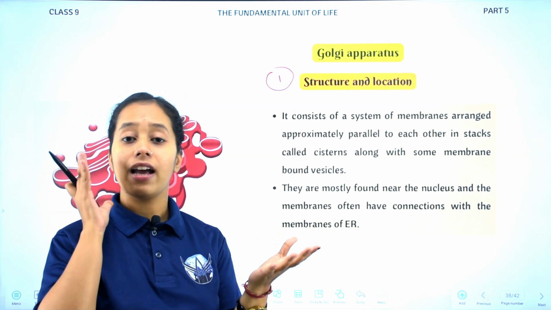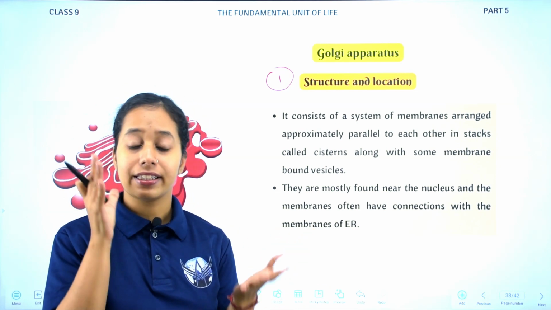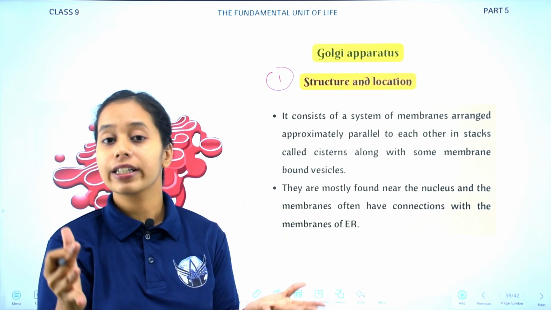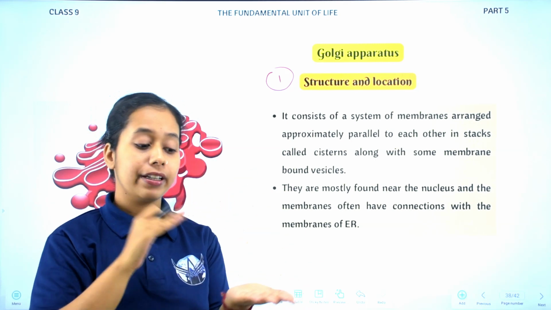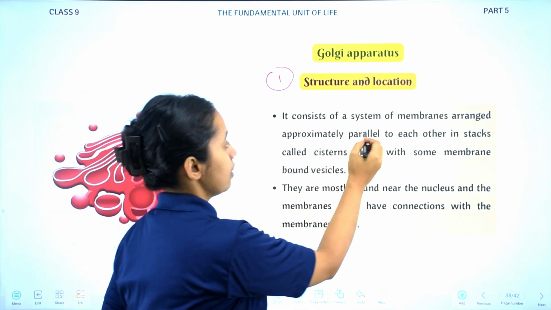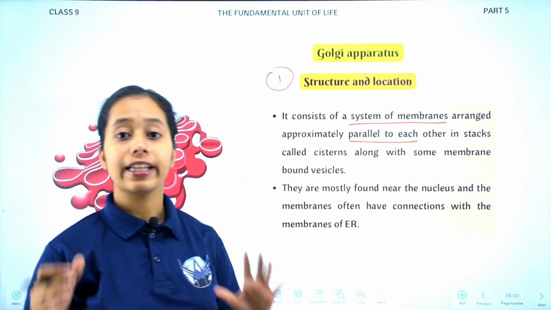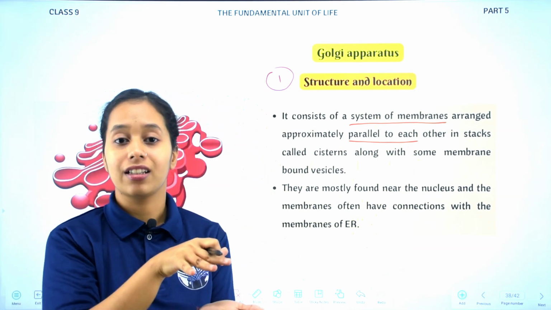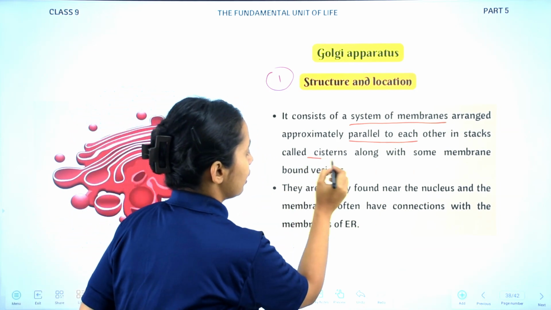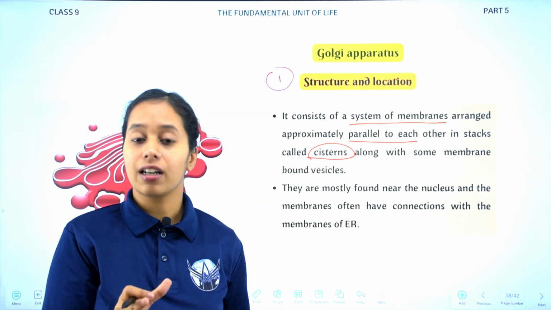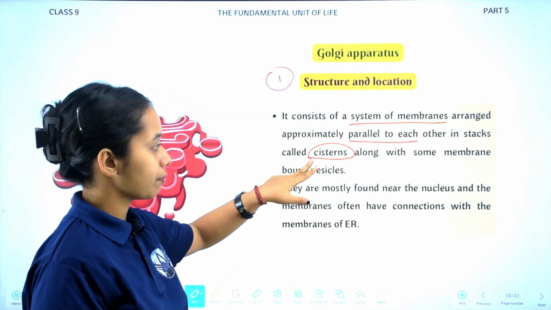The membranes are stacked up, piled up parallel to one another, and these stacks are known as cisterns.